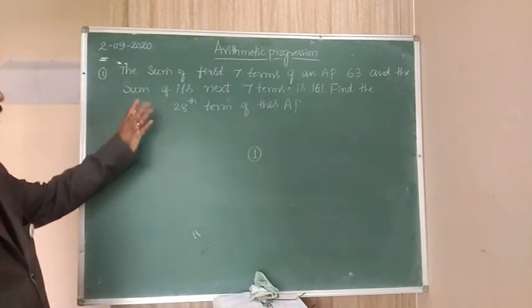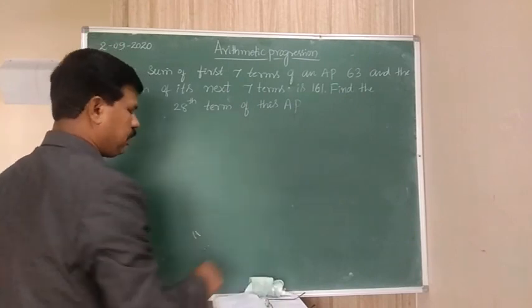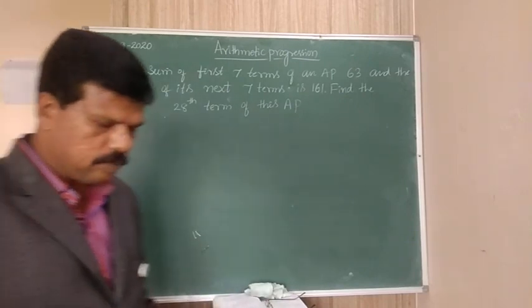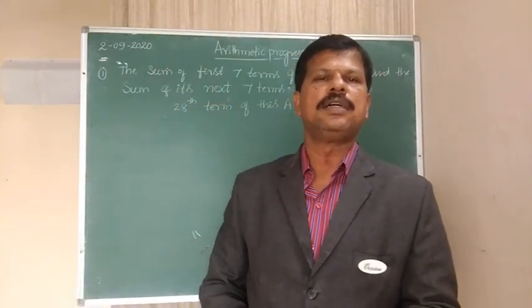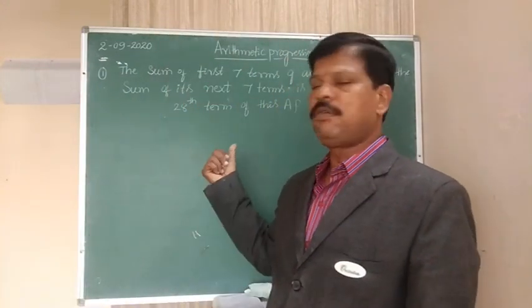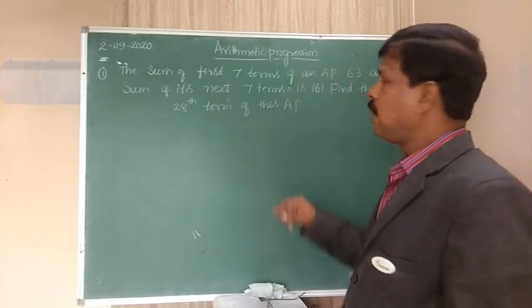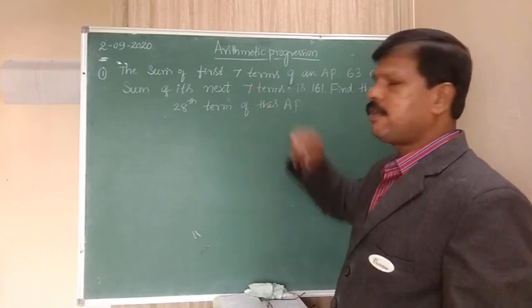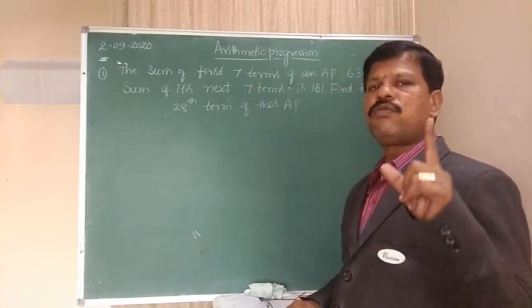Now look at this. What is given? We know that when the terms are 3 terms, 4 terms, 5 terms or 6 terms, we are taking the AP terms in different ways. Now in this, the sum of first 7 terms and the sum of next 7 terms means that totally there are 14 terms.